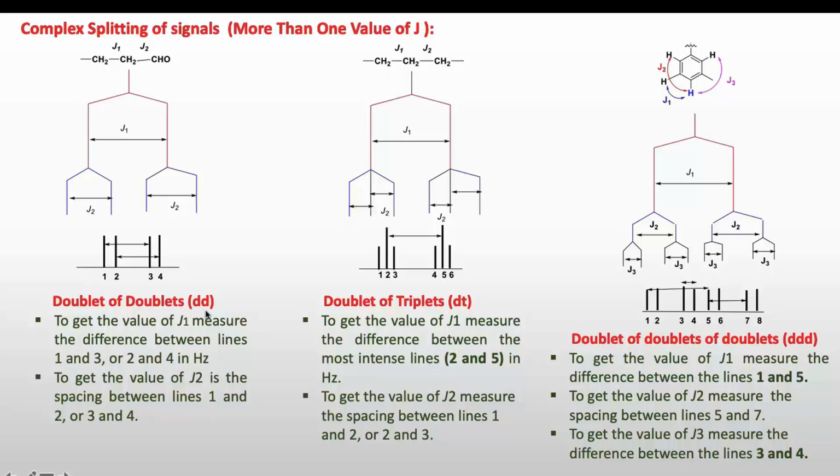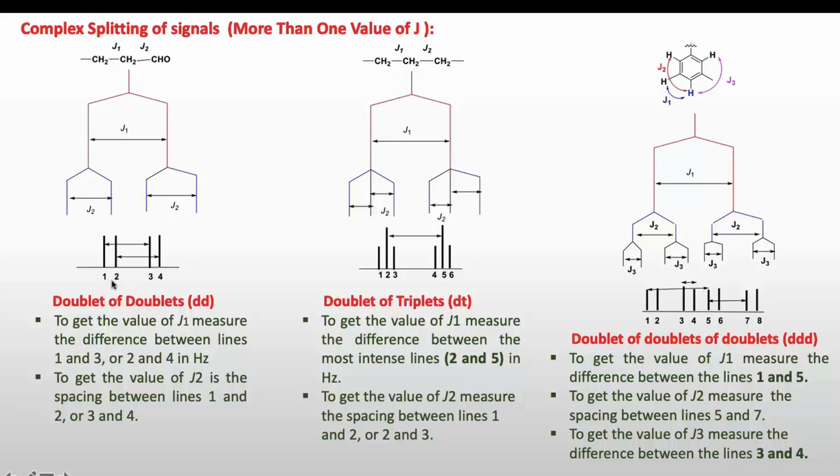Now how to calculate this J1 and J2? For calculating the J1 value, we have to take the distance between peaks 1 and 3 or peaks 2 and 4, and multiplying this distance by the operating frequency will give the value of J1. If we take the distance between 1 and 4 to calculate J1, that will be wrong.